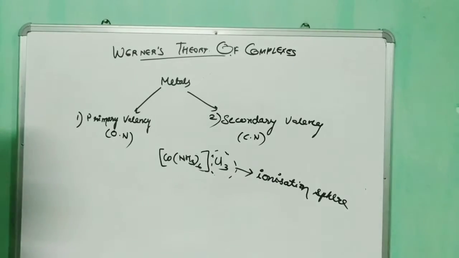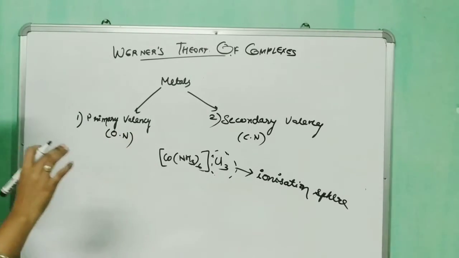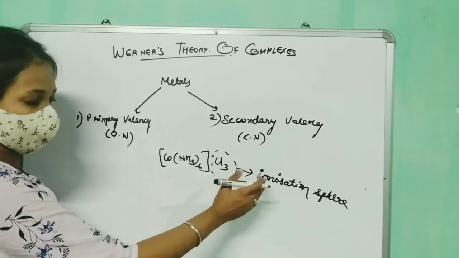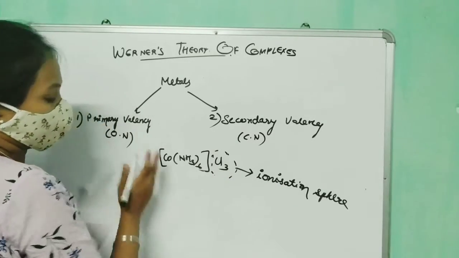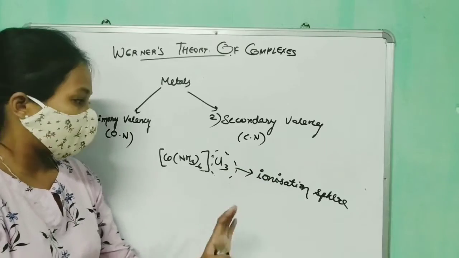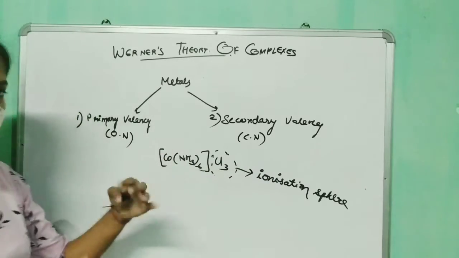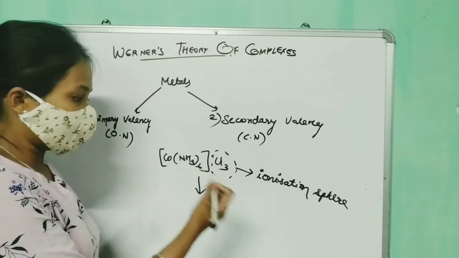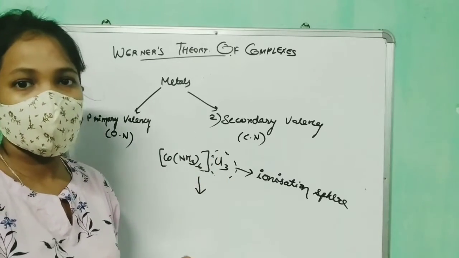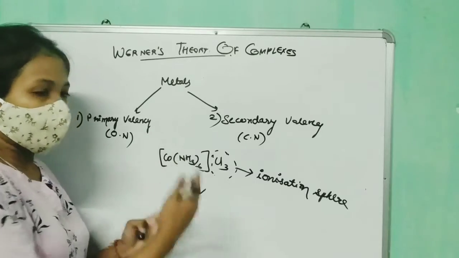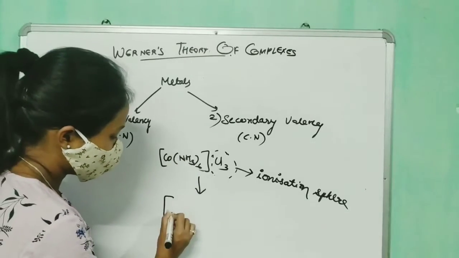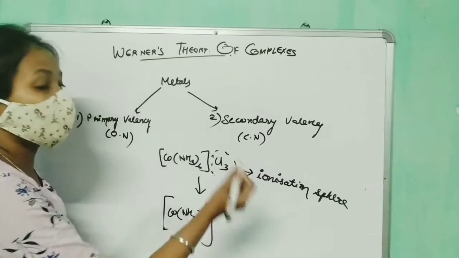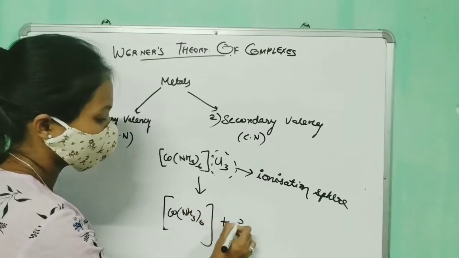According to Werner, the primary valency is ionizable. If we put the complex in aqueous solution, the complex will never lose its identity even in water and will remain as such, it won't break. But the ones present outside the coordination sphere will break into ions.